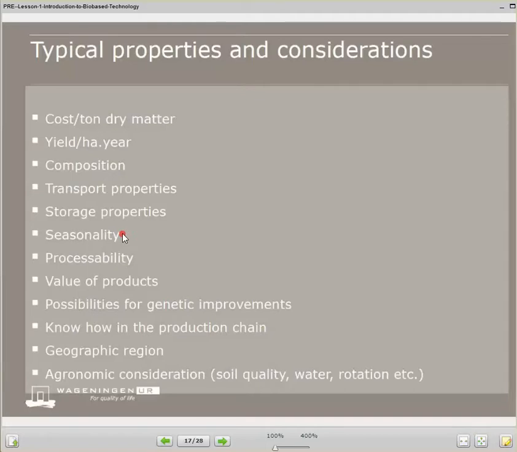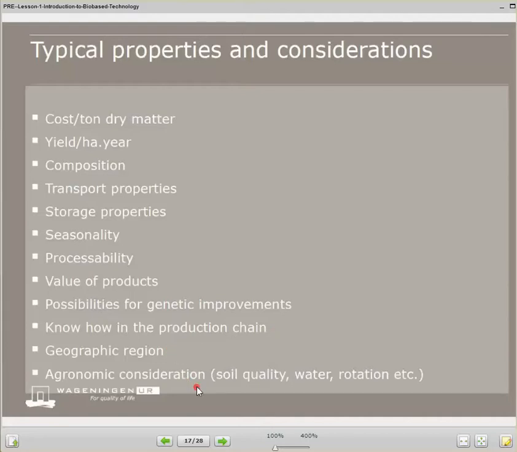Sugar cane, for example, in Brazil grows all year round. They have 3 or 4 cultivations a year. But sugar beets only once a year. It's only active about 4 months a year. Processability, the value of the product, genetic improvements, how to have a production chain, geographic region, and the agronomic considerations.